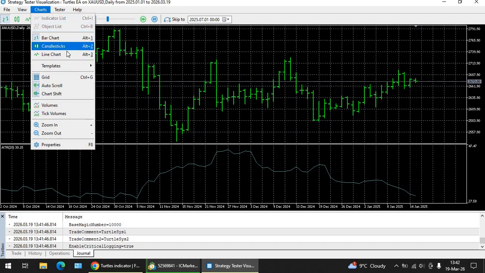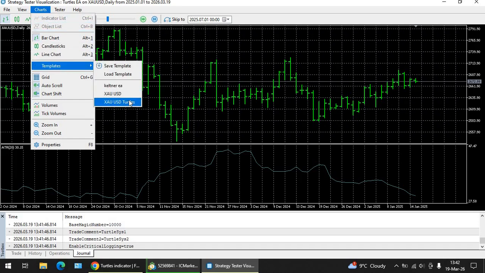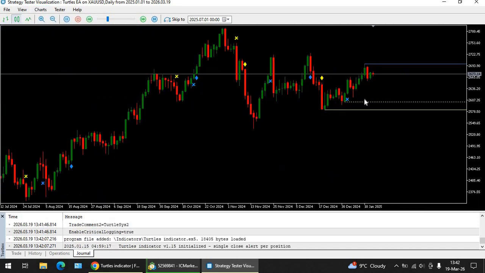I will load the template with the indicator, and you can see here above this blue line, if the price goes there, will be a breakout and a long position will be opened, and here is the lower level for the breakout.